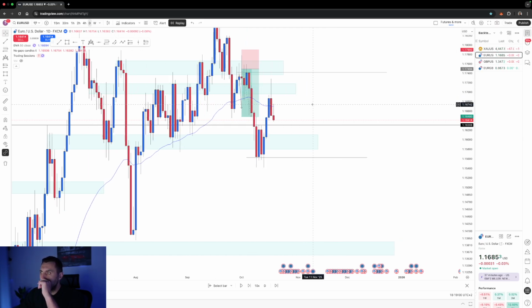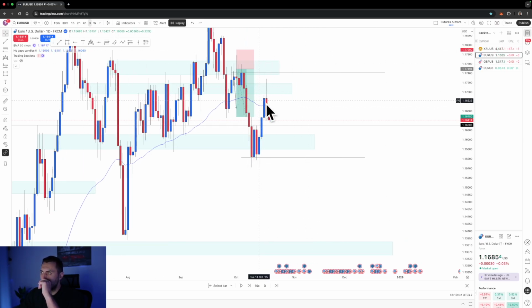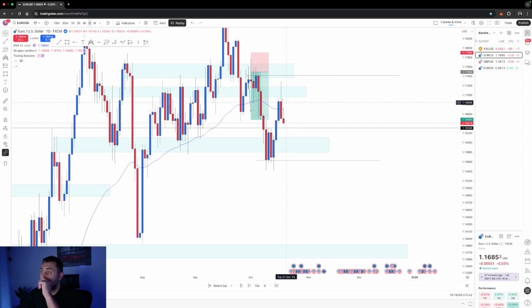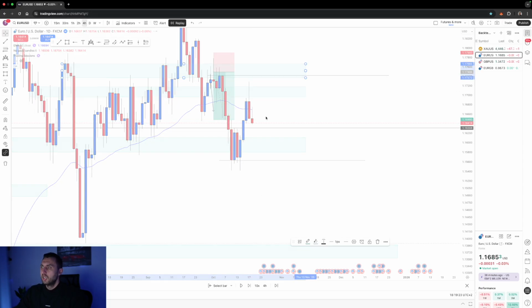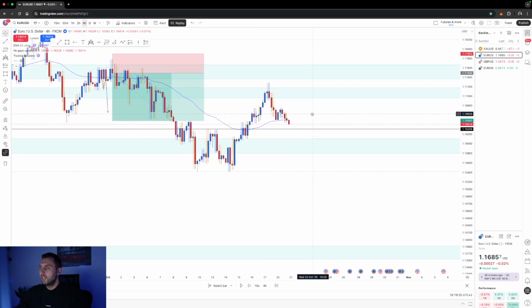So I will not look for any entries in this zone, but a short would look interesting. But for my type of trading, this would not be a zone that I would take into consideration in order to go short. So let's see what the price will do on the 4 hour.